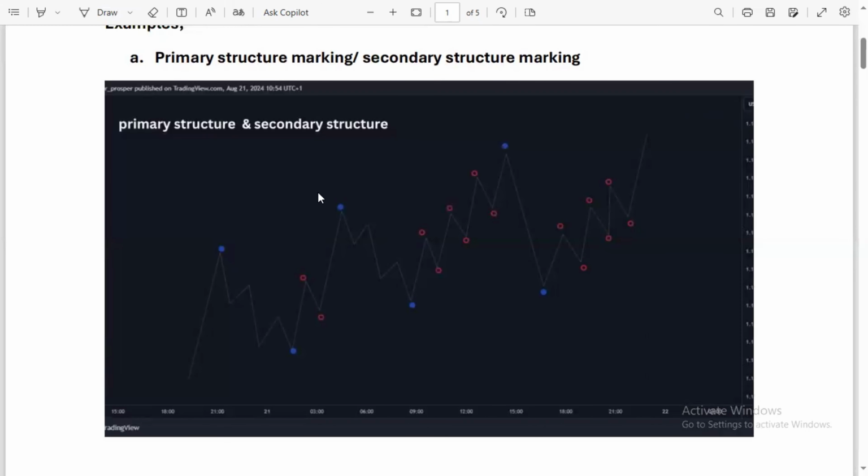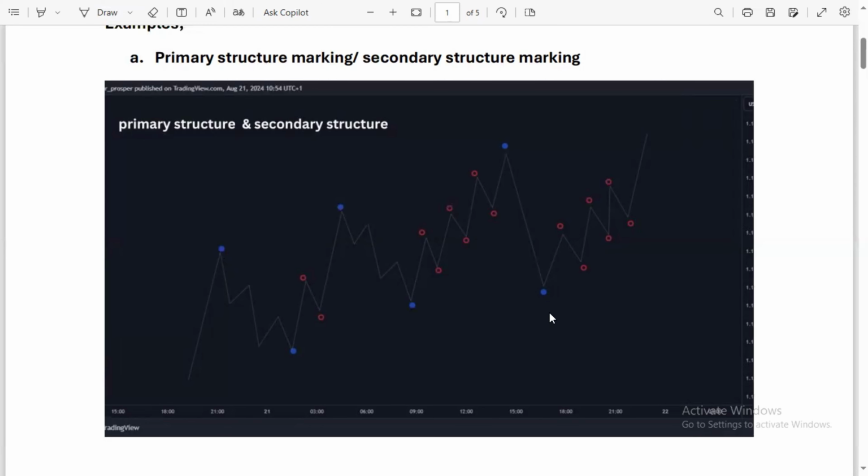Now, let's take for instance, this scenario here is a bullish scenario. You want to be marking out those highs and the lows that were created on the higher time frame, for a primary structure. But the secondary structure is the structure inside the retracement or inside the expansion on the higher time frame.